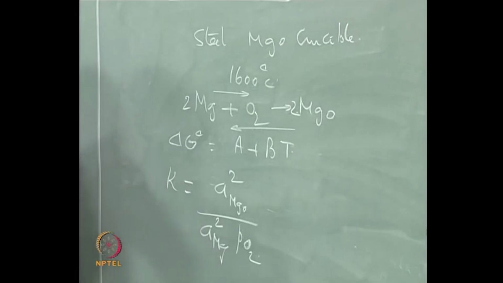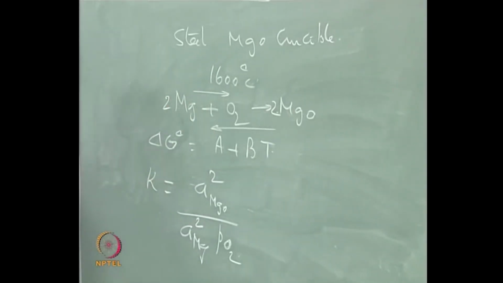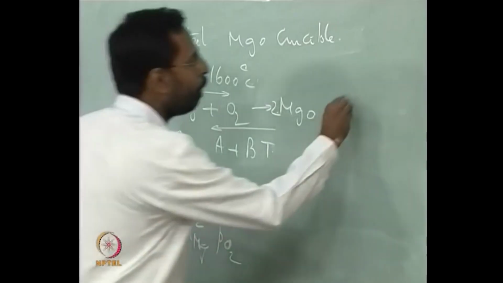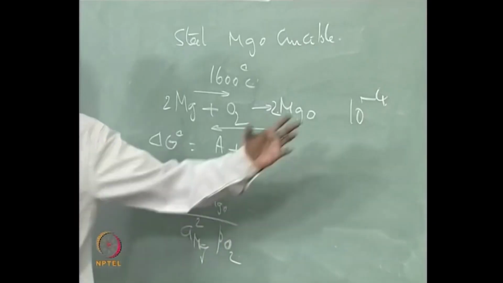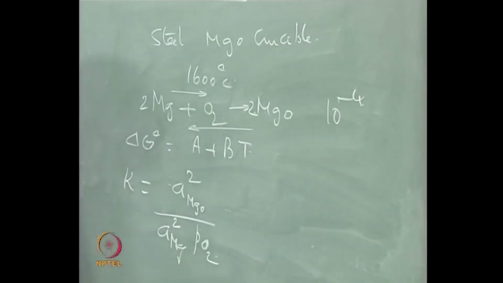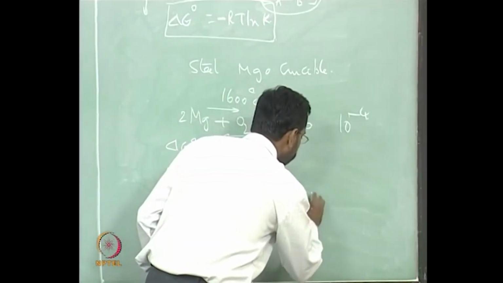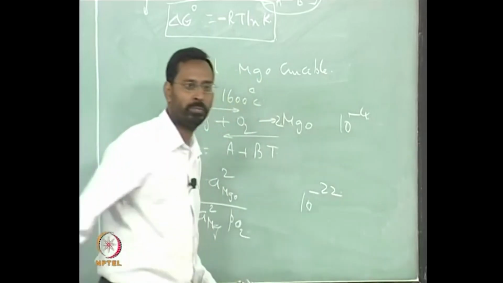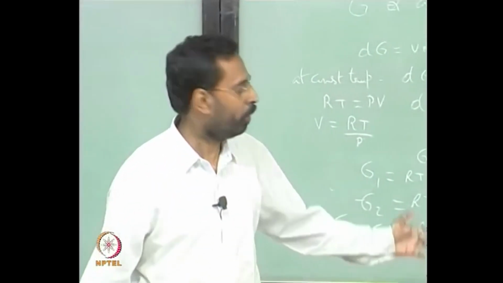Let us say you are doing this in vacuum, at 10 to the power minus 4 torr. If the melting is taking place in vacuum, you find out the PO2 for that reaction at this temperature. What you would get is that the equilibrium partial pressure of oxygen is 10 to the power minus 22, or minus 23.